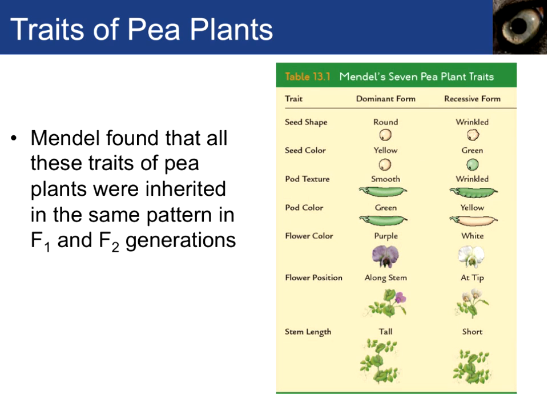So Mendel studied 7 individual traits. He looked at seed shape, seed color, pod texture, pod color, flower position, stem length, and he found that all these traits of the pea plants were inherited in the same pattern.